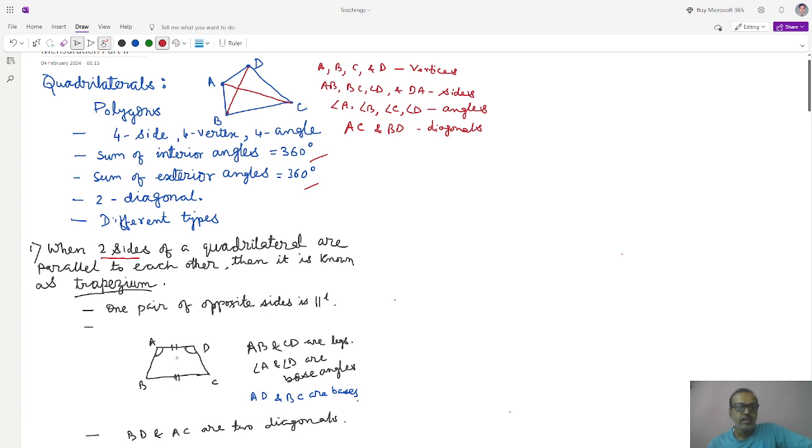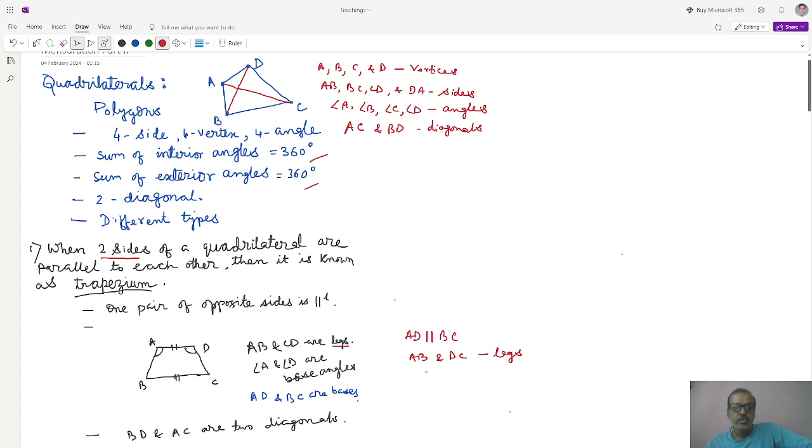Here AD parallel BC, and these are known as parallel sides of the trapezium. The other two sides, AB and DC, are known as legs of this trapezium ABCD.